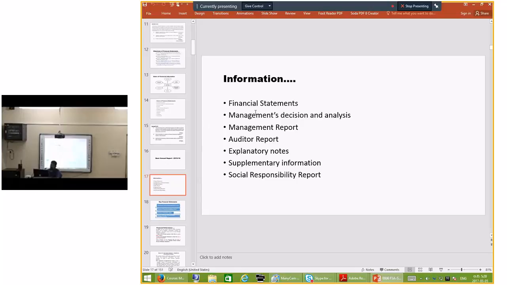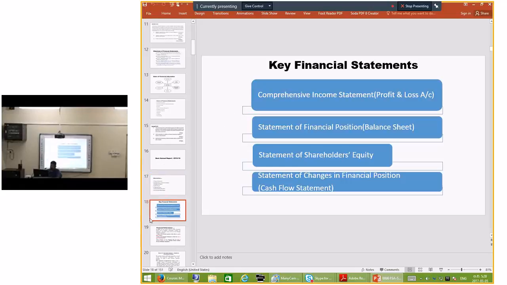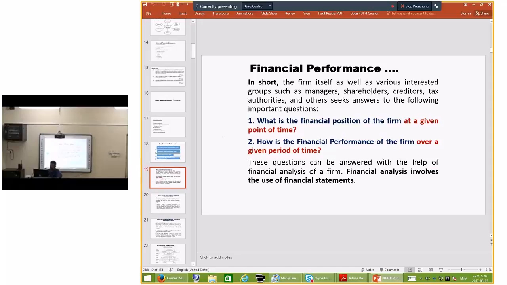There are a number of items; I put here only a few. Then these are the key financial statements, and you can see some details regarding them.